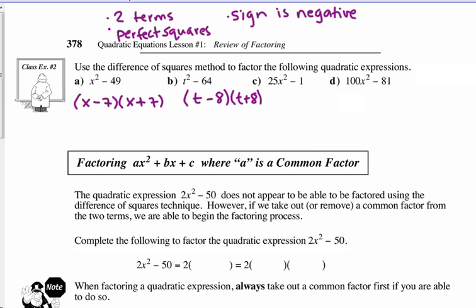Okay, how about this guy? Square root of 25x squared, 5x, so it becomes 5x. Square root of 1, 1, so 5x minus 1, 5x plus 1.